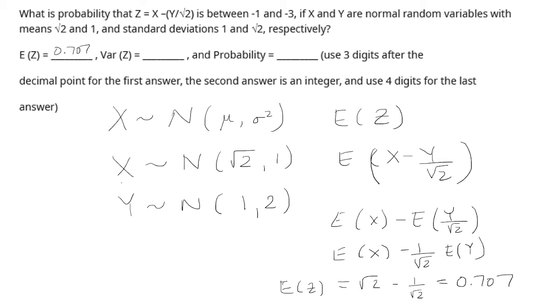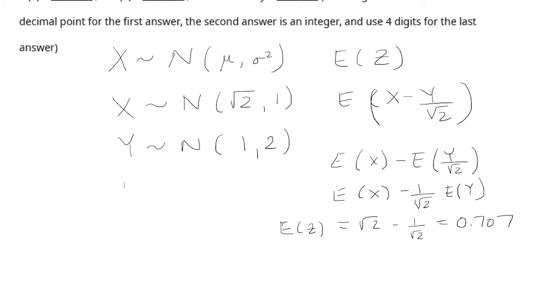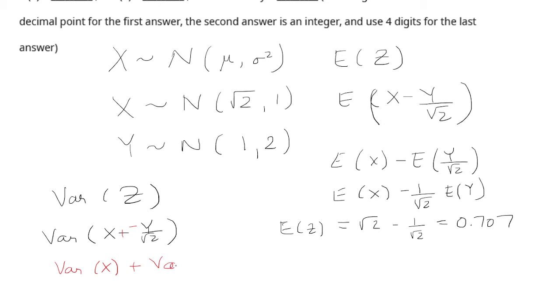All right, next we want to find the variance of Z. So variance of Z, well, Z we said is (X minus Y) over root 2. And I can think of the subtraction as just adding a negative. So then I can split this up into variance of X plus variance of negative Y over root 2.